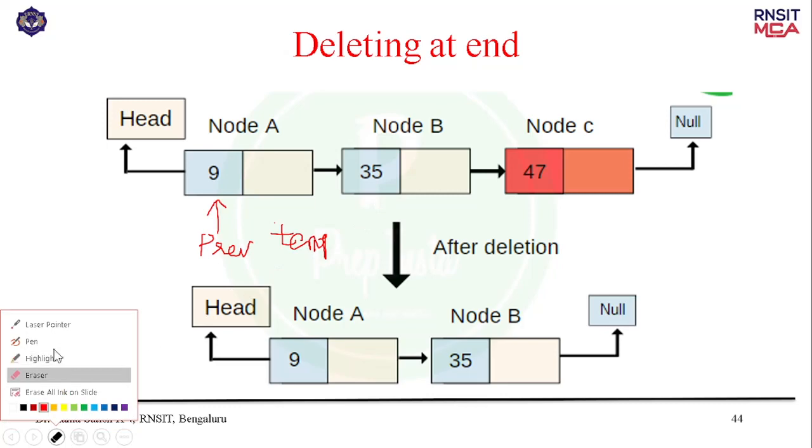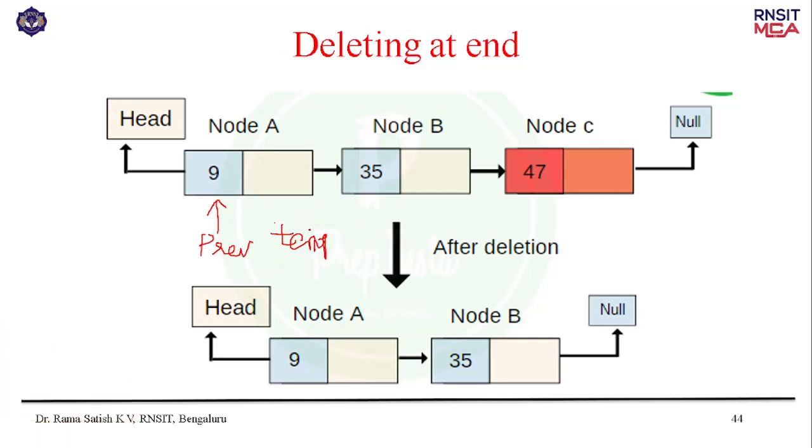Now it will check whether temp of data is equal to 47. No. So then it will move the previous to the temp, that means this node, node B.